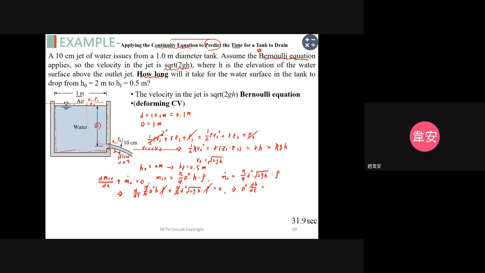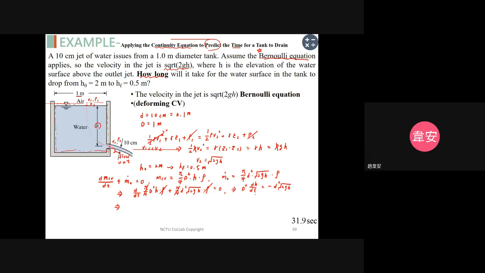I move this item to the right-hand side, so the right-hand side is minus d squared times the root of 2gh. Then I put the same parameter h on the left-hand side.